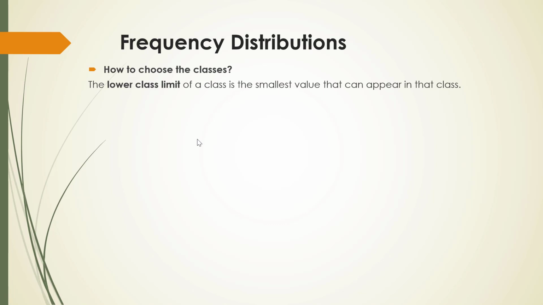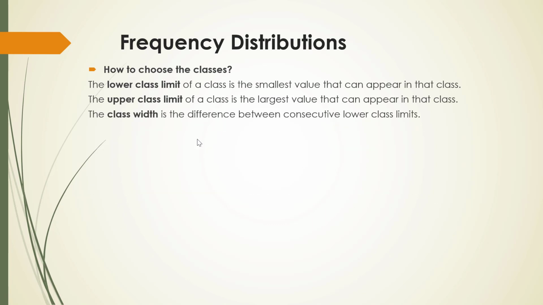There are some definitions. The lower class limit of a class is the smallest value that can appear in that class. The upper class limit of a class is the largest value that can appear in that class. The class width is the difference between consecutive lower class limits.